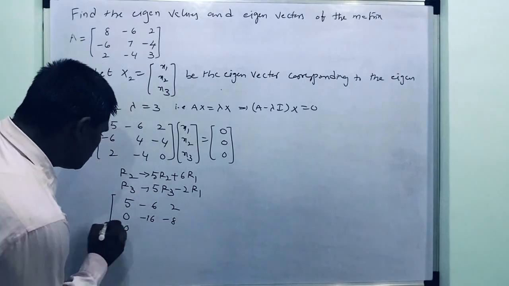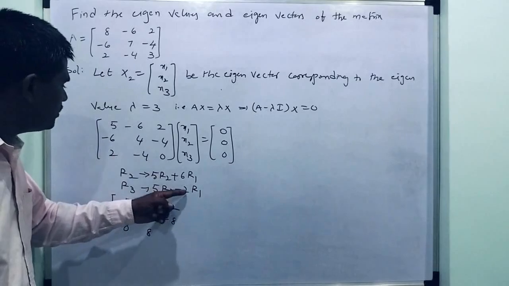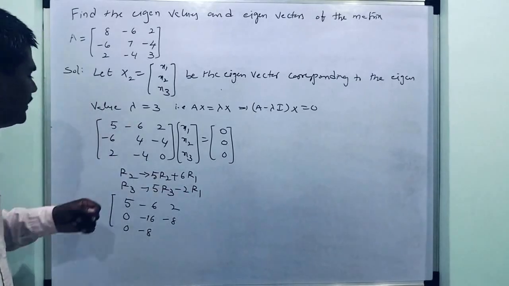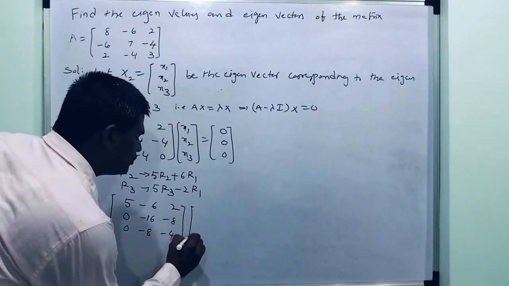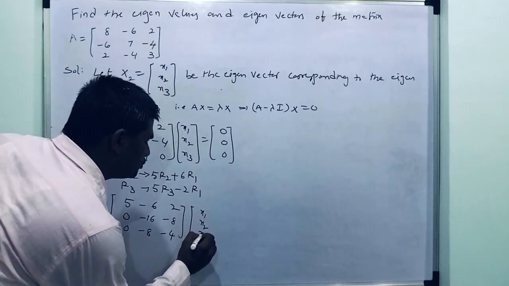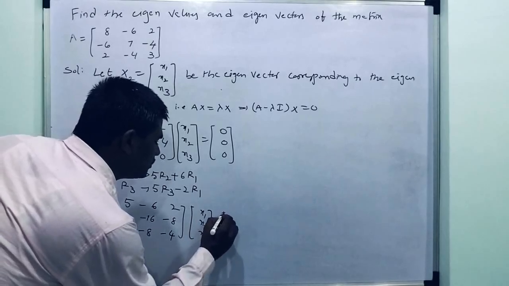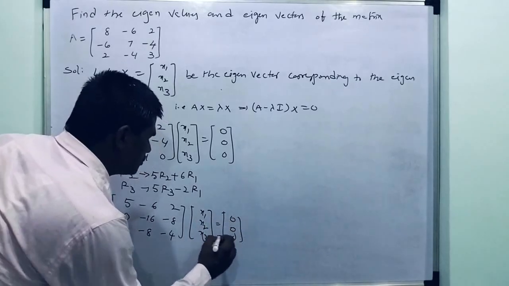This becomes 0 and minus 20 plus 12 minus 8, 0, minus 4, which is minus 4 into x1, x2, x3 equal to 0, 0, 0.